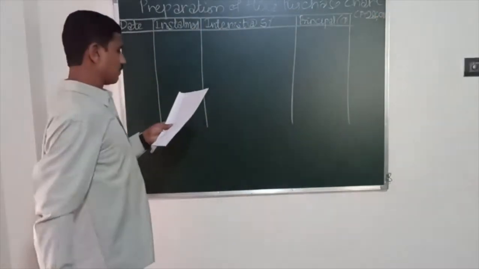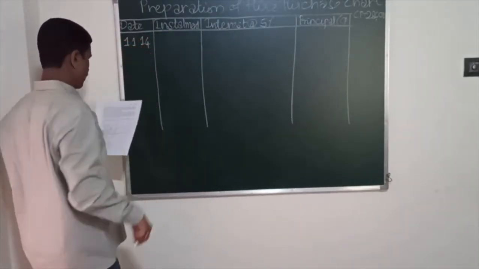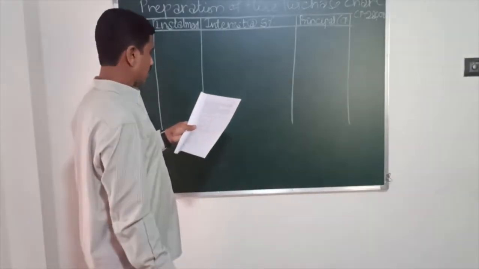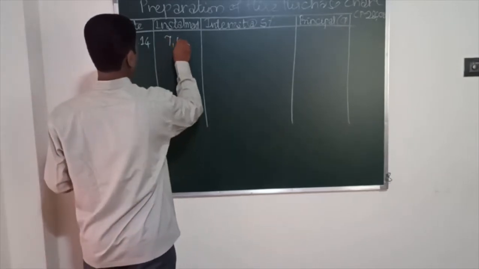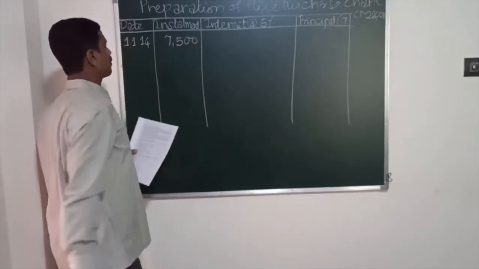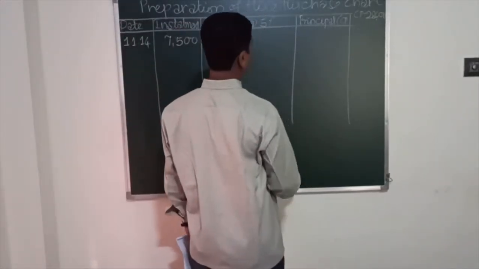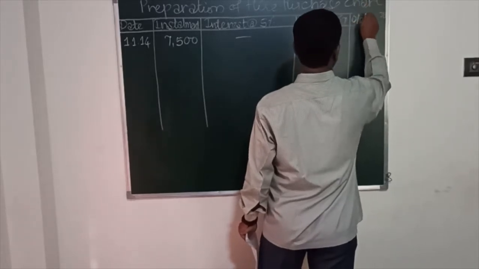So on 1/1/2014, the initial payment is paid by the hire purchaser, that is Mr. Gundappa, he pays rupees 7,500. So when he makes payment of the initial payment, there is no need of payment of interest here. So let me take one more column here, outstanding balance.